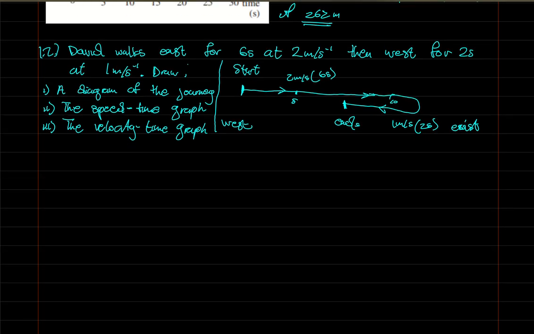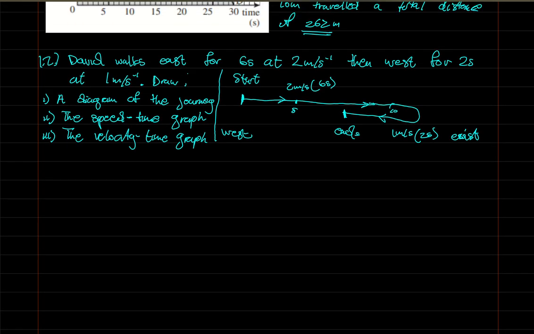They want us to see if we can scale this drawing, maybe put it on a number line, like in this manner. Let's say this was 2, 5, so on and so forth. And this would be the foundation for us to draw the other two graphs. We'll lay our foundation using this number line, this diagram of the journey.